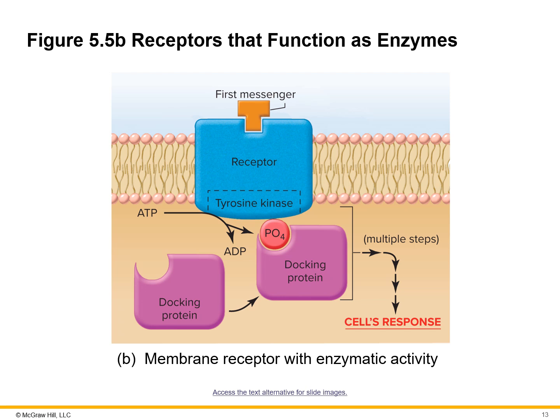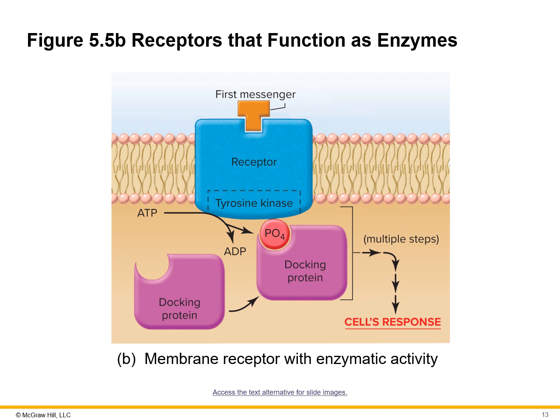This enzyme helps to bind that because enzymes speed up processes by lowering the amount of energy that is required to get it done. And then this docking protein becomes the initiating step in a multiple step process to get the cell to respond. Okay, how is this similar to the first process?